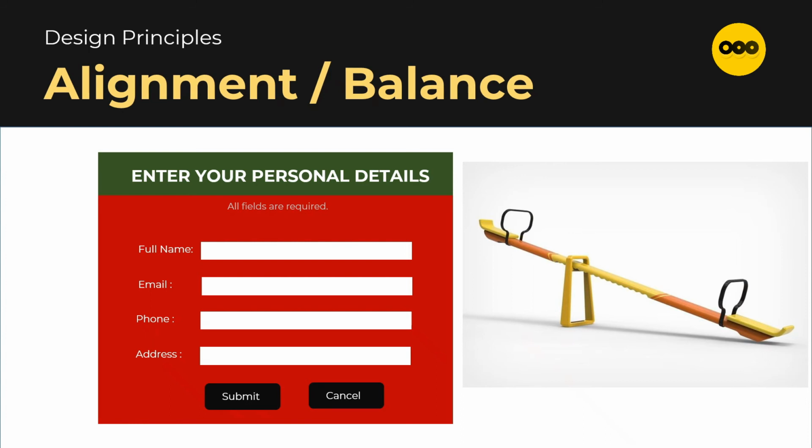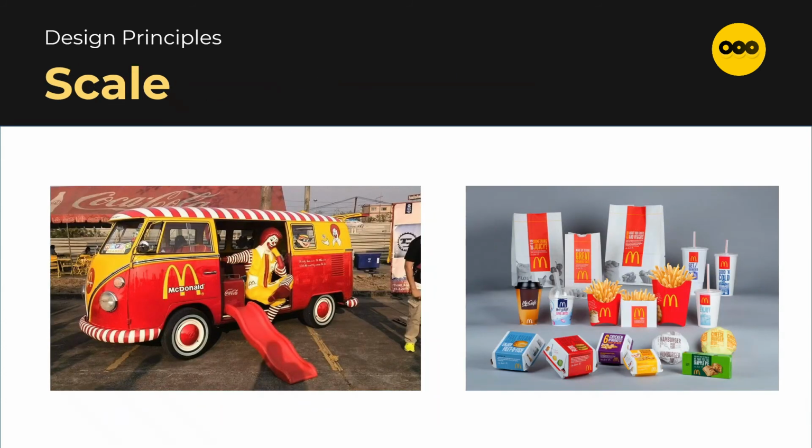So you look at our design here, you see everything is aligned to the center. We have enter your details, all fields required, and then our text box, our shapes, and the typography, everything is centered. And we see we have equal amounts of space on the left and on the right. That is it. We align our elements just to give that professional look to our work. So balance your work and then align everything perfectly.